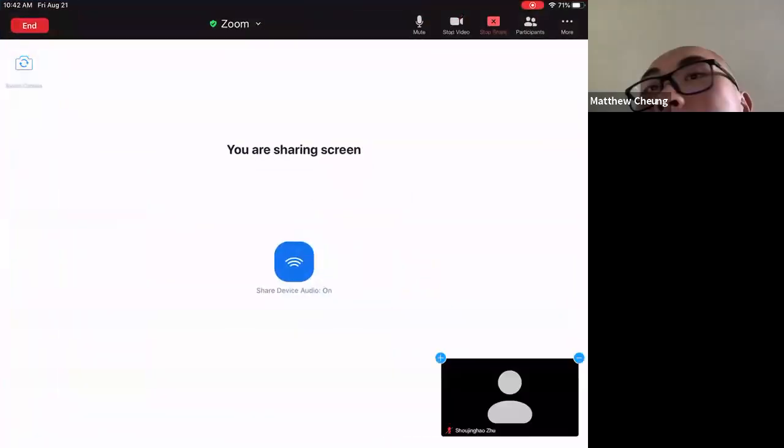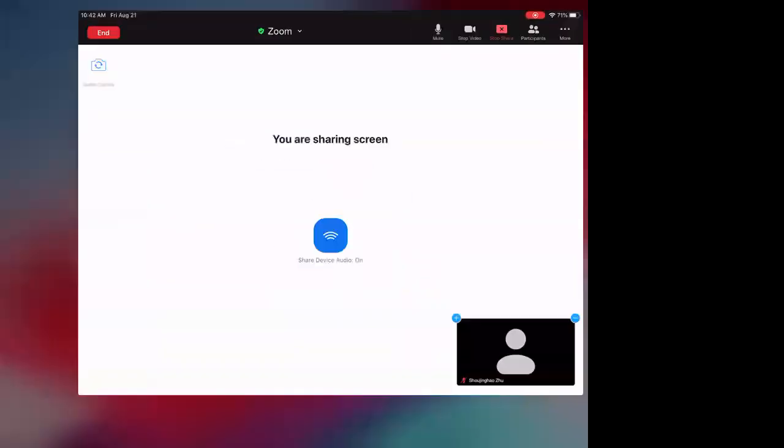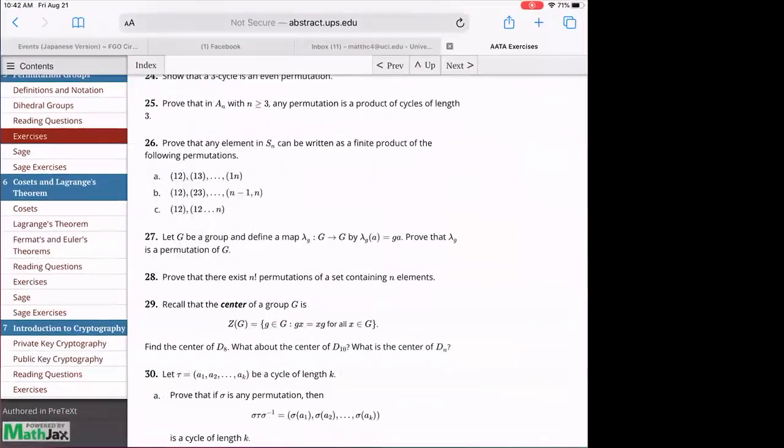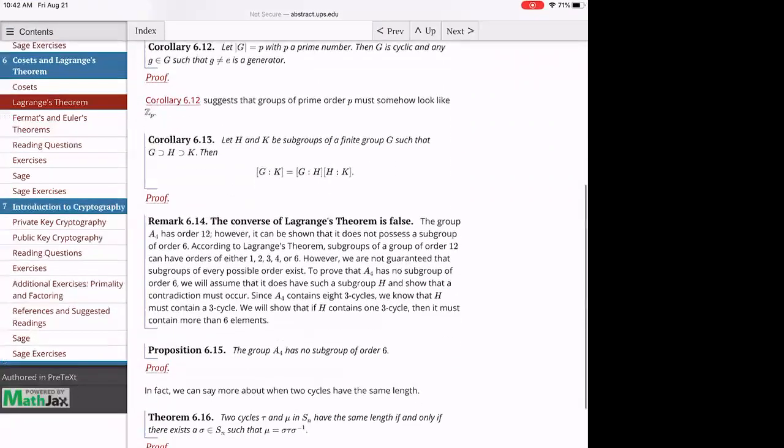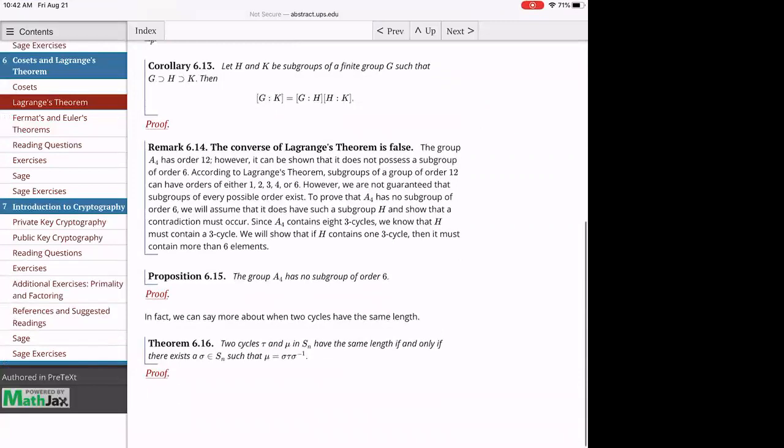Everyone clear? I could pinpoint it, probably. Yeah, right here, it is the converse. So A4 has no subgroup of order 6.